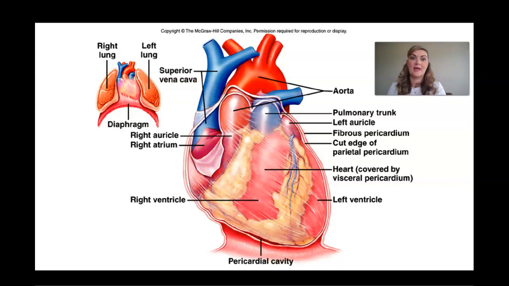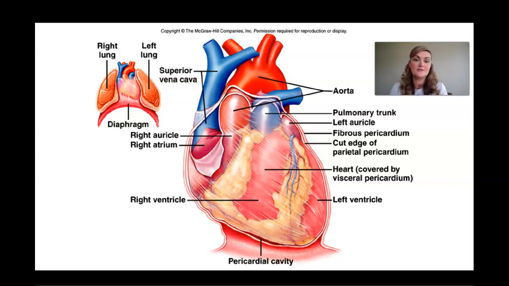And so here we're looking at the structure of the heart again, and this is showing you what that pericardium looks like going around the heart. It's simply a very, very thin sac that surrounds and protects the heart. If you were to do any type of dissection, especially if you dissected a pig, you would see this surrounding the heart as you go into the pig, and then you can cut it slightly and remove it to open it up so you can actually see the other structures of the heart.